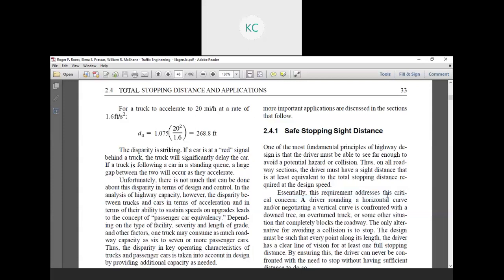Essentially, this requirement addresses the critical concern that a driver rounding a horizontal curve or negotiating a vertical curve is confronted with a downed tree, an overturned truck, or some other situation that completely blocks the roadway.